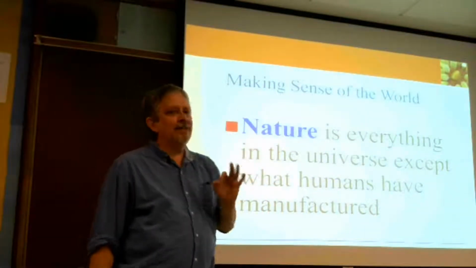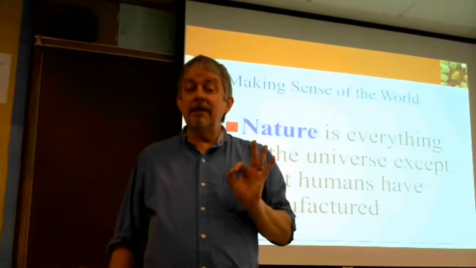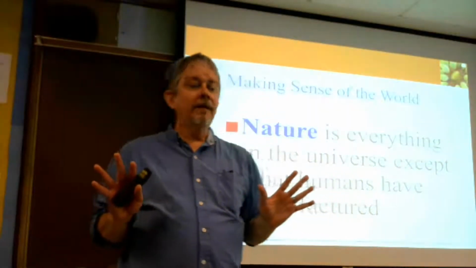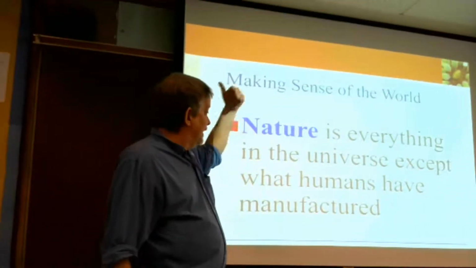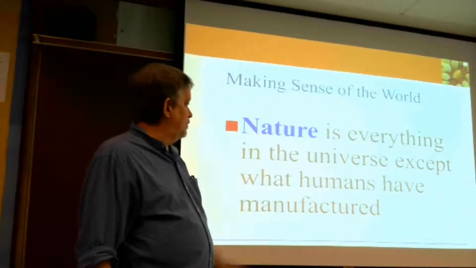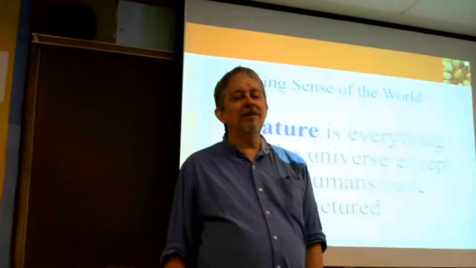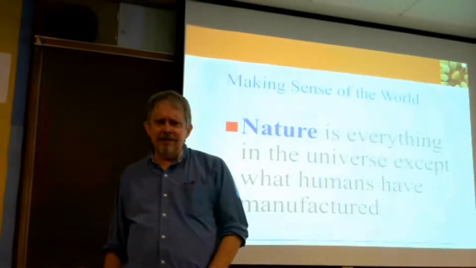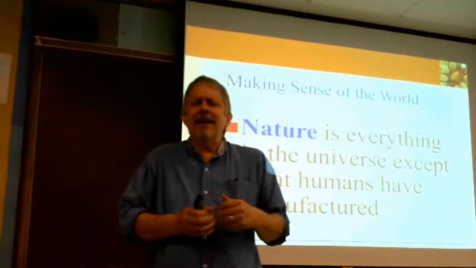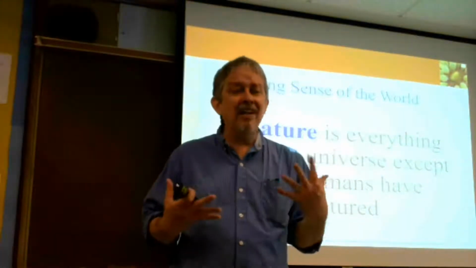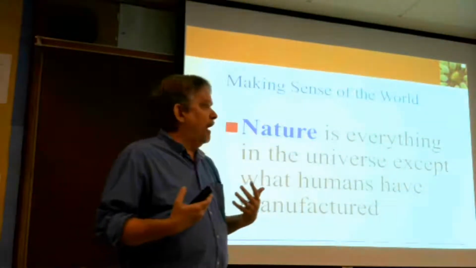So on the test, let me tell you something about the test. The tests are all multiple choice. And so if this was a question on the test, it would say blank is everything in the universe except what humans have manufactured. And out of a list of 6 different options, you will pick nature. But that just makes sense, right? Nature is what occurs naturally, not the things that are man-made.